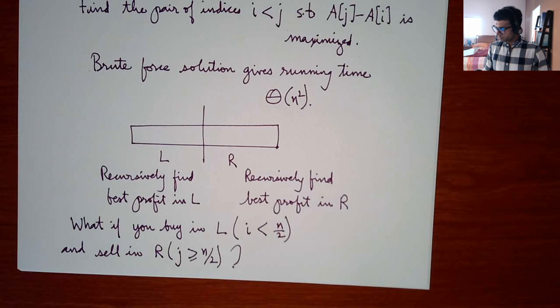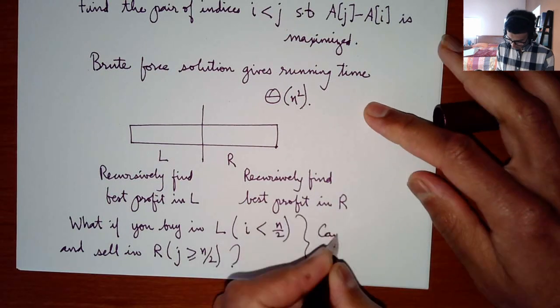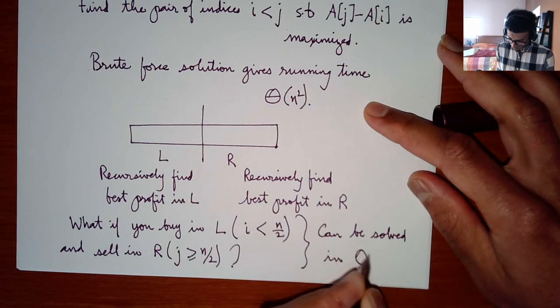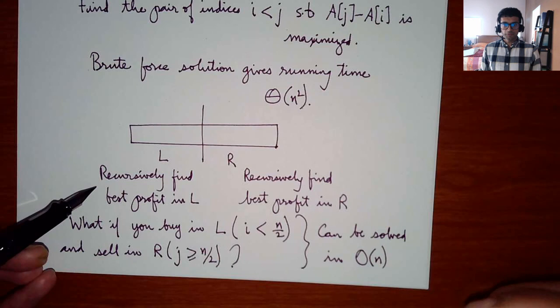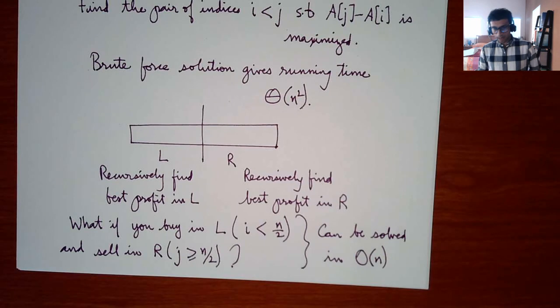Because if you're buying in the left, you would buy on the cheapest day in the left, and sell on the most expensive day on the right. So you recursively find the best profit in the left, the best profit in the right, determine what happens if you buy in the left and sell in the right, and then take the maximum of those three. And this gives a divide and conquer solution.